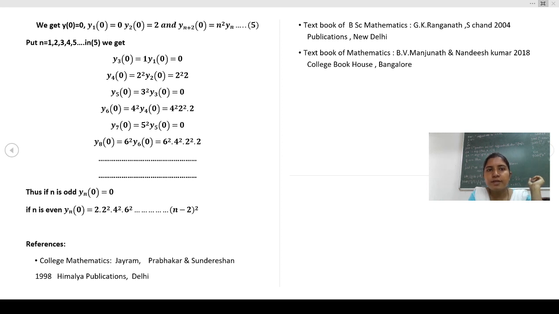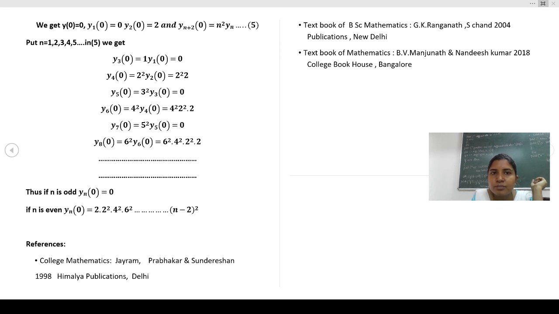In the same way, we can write for the nth term: for n odd, y_n of 0 is equal to 0, and if n is even, y_n of 0 is equal to 2 into 2 square into 4 square into 6 square, and so on up to (n - 2) whole square. For the fourth term, it is up to 2, since 4 minus 2 is 2.